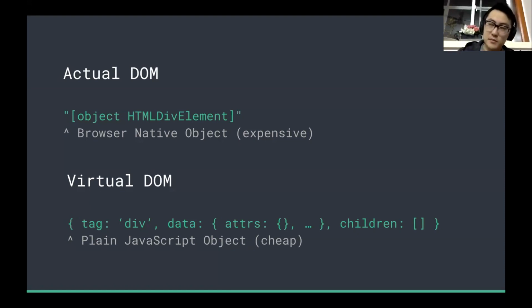This being cheap allows us to call this render function repeatedly without worrying too much about performance. Because imagine a naive way of doing a DOM update: whenever something changes, we just throw away all our previous actual DOM and recreate everything from scratch. That gives us a very straightforward mental model of how to do things.